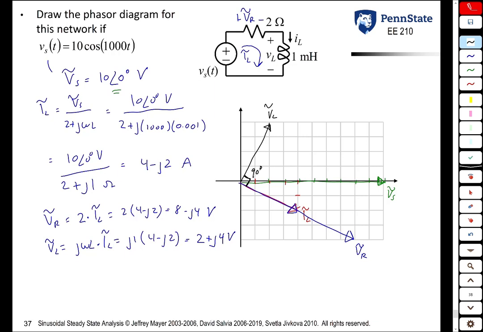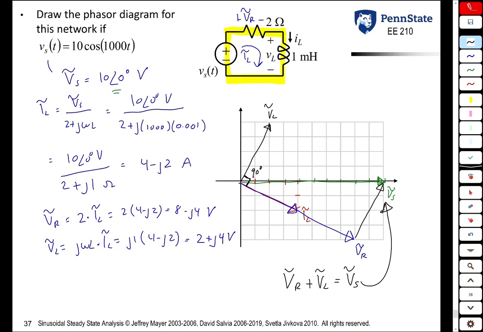The final thing we note is that Vs is equal to VR plus VL. Sure enough, if you add VL to VR, remembering adding tail to head, you get VR plus VL equals VS.